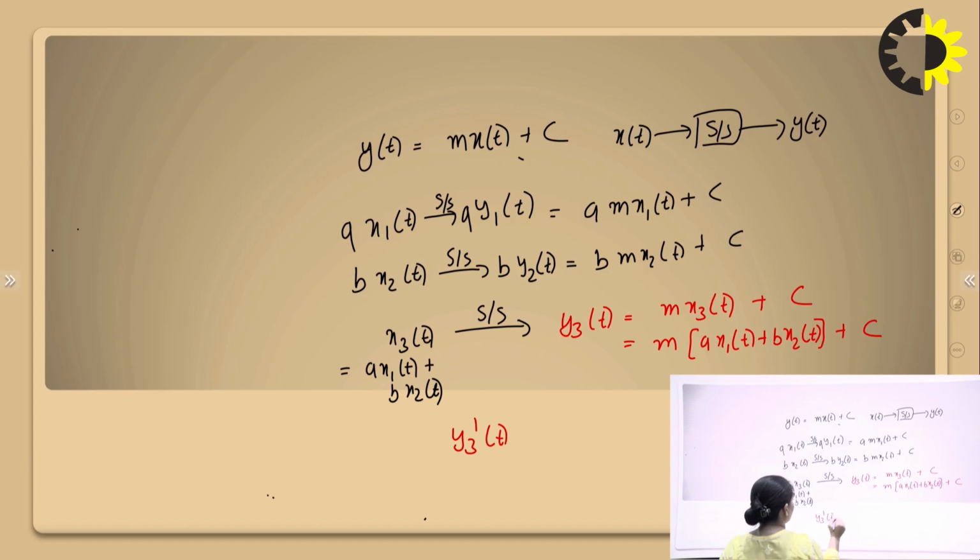Y3 dash t is what? A of y1(t) plus B of y2(t). Okay. And it is what? Something like this.